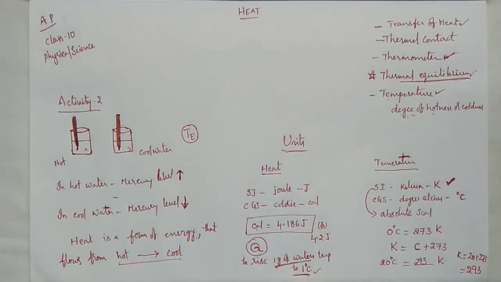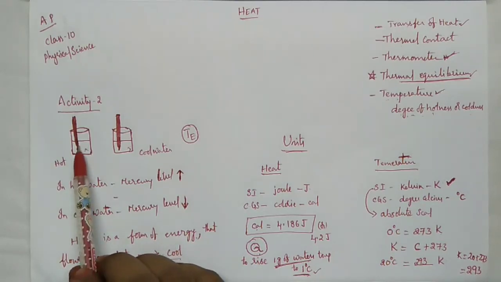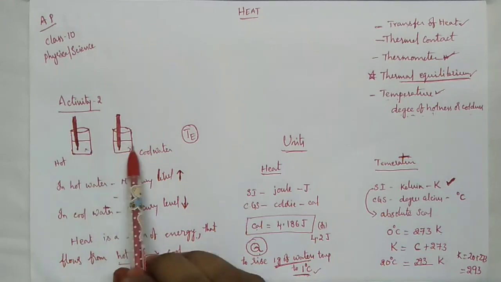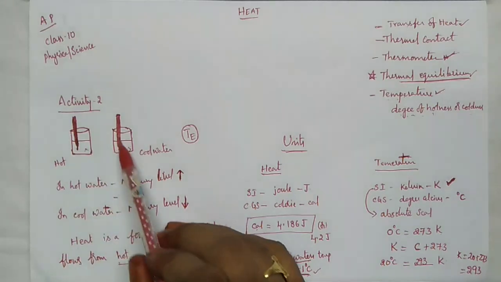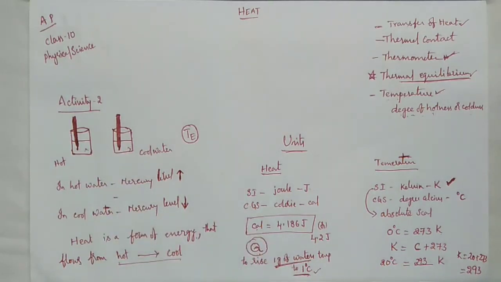So today what we learned, we tried to understand what is called heat. Heat is a form of energy. How can you say that heat is a form of energy? Because of the heat, mercury level increases in one case, and because of the heat mercury level decreases. If something is able to do work, in fact this is just an ordinary example, heat can do a lot of things in your kitchen.